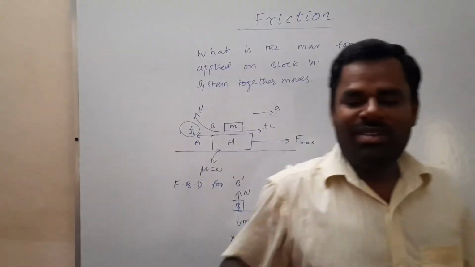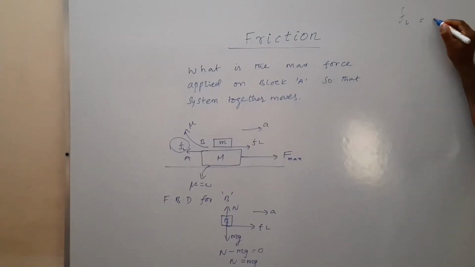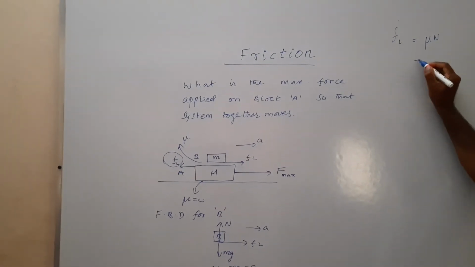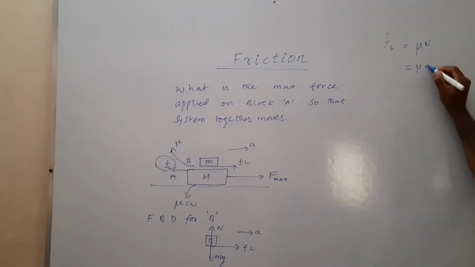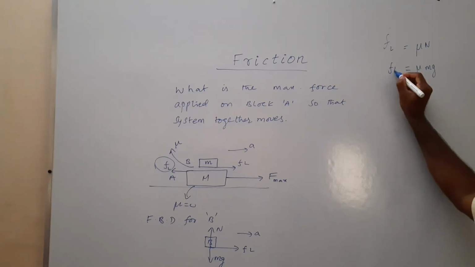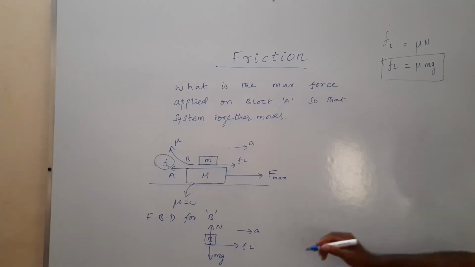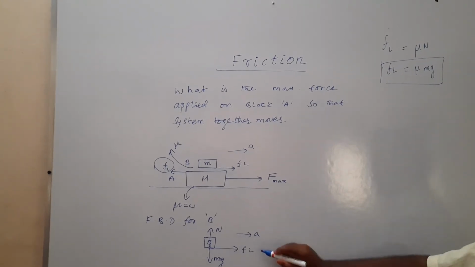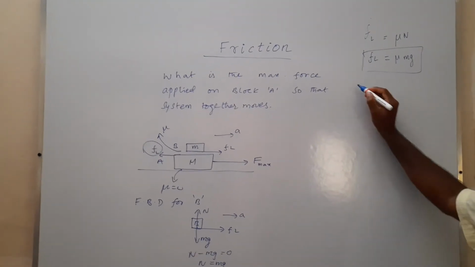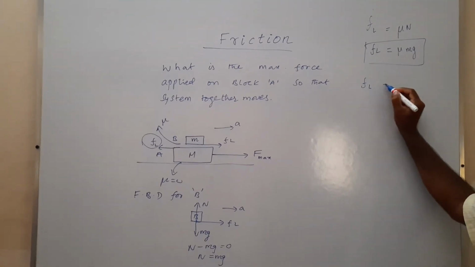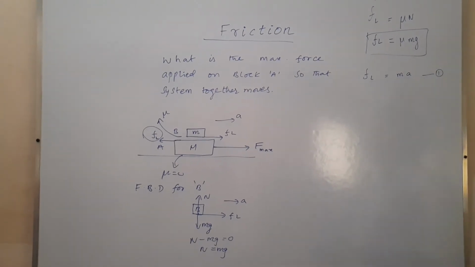We know the limiting friction formula: Fl is equal to mu N, and N is equal to mg. By substituting, we get limiting friction Fl equal to mu m g. Applying Newton's law along the x direction for block B, limiting friction is equal to mass into acceleration, Fl = m a. We take this as equation 1.